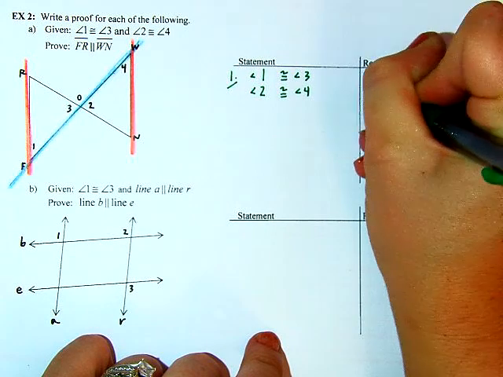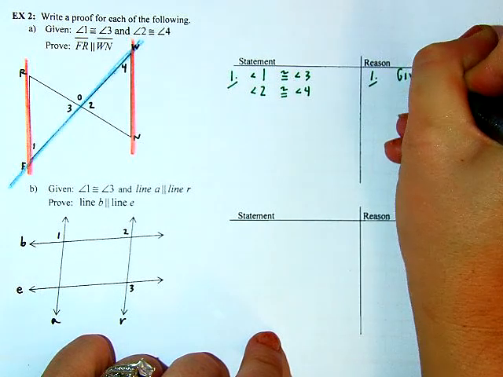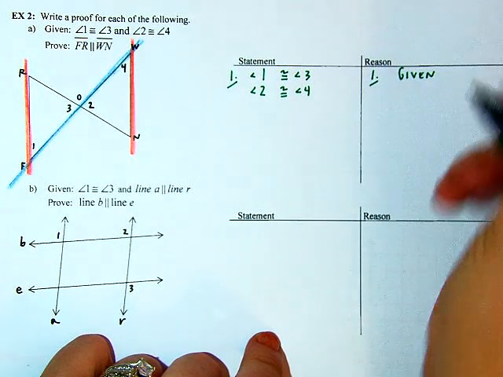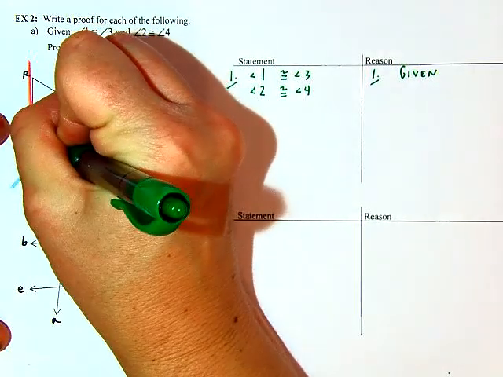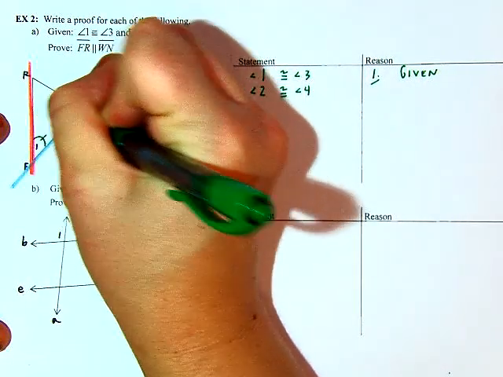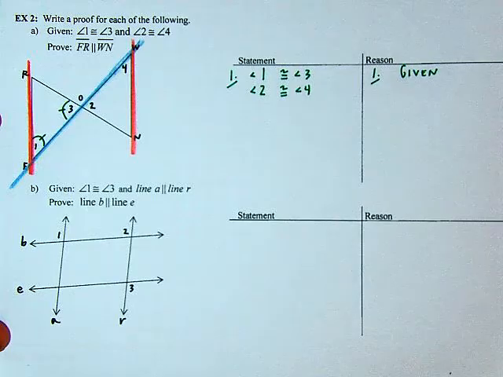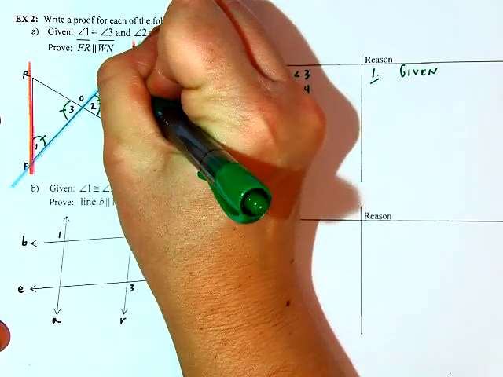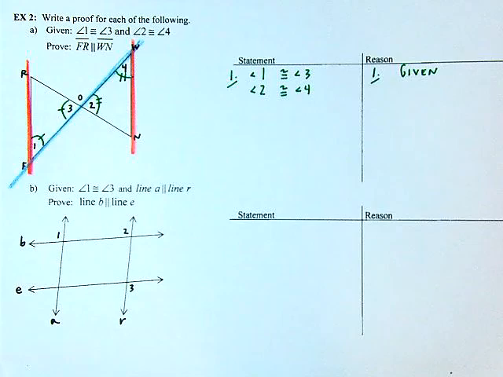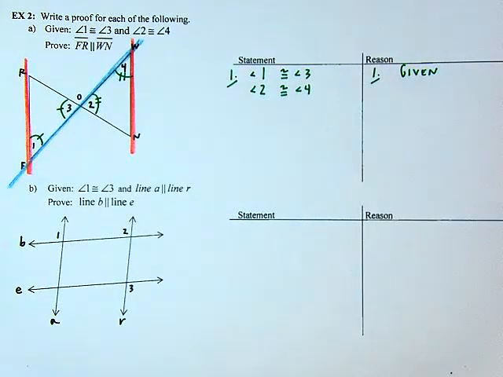All of that information is given to me. So if I go to my diagram, I can mark that angle 1 is congruent to angle 3. So I'll give it a single tick mark. And then I also know that angle 2, I'll give it a double, is congruent to angle 4. So that's my starting point right now.